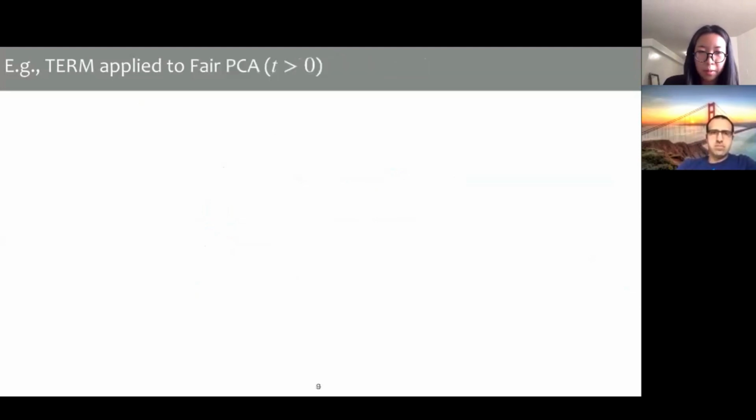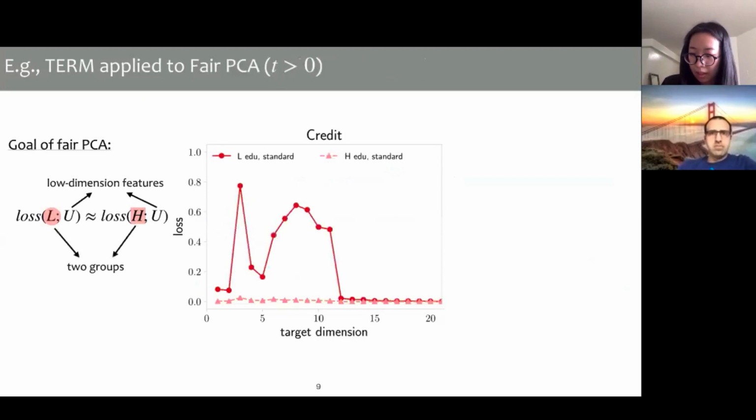And positive t's can promote fairness in terms of representation disparity by upweighting the underrepresented groups. Here we explore the problem of fair PCA, where the goal is to learn a projection that achieves similar reconstruction errors across the two subgroups.